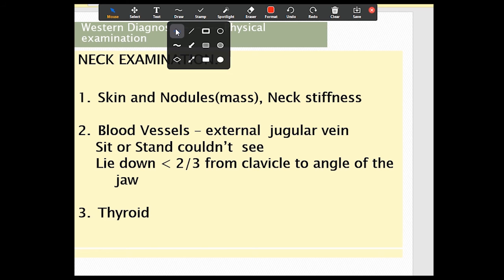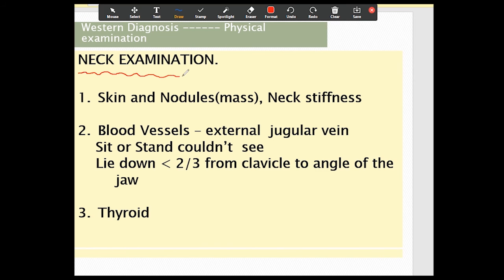Then last week we also talked about the neck examination. In the neck examination, we separate a few parts. We examine the skin and skin nodules. We also move the neck to see if there is stiffness. Normally it will not be stiff; it's easy to move. Then we check the blood vessels.